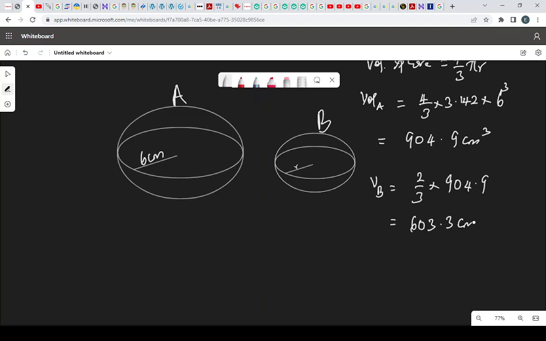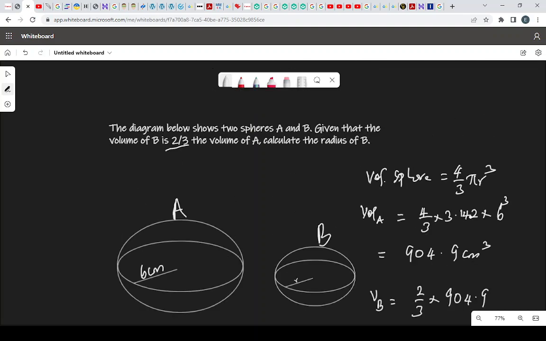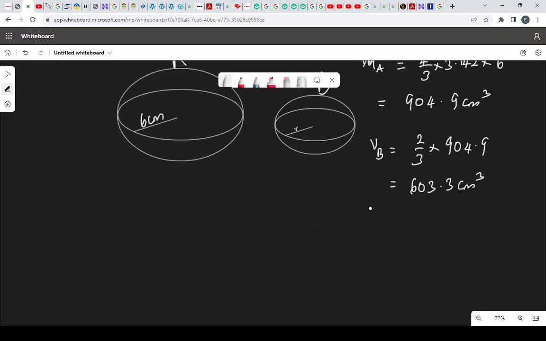603.3 centimeter cube, but it's not the volume of B they ask us to calculate. Rather, they ask us to calculate the radius of B. So if the volume of B is this, we can use that to get the radius.